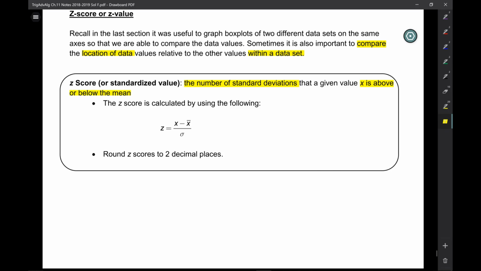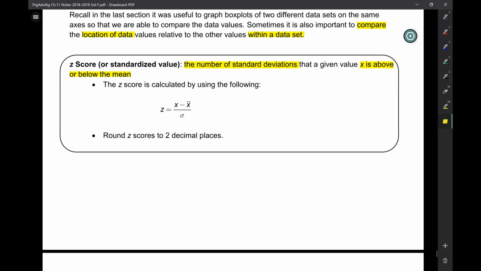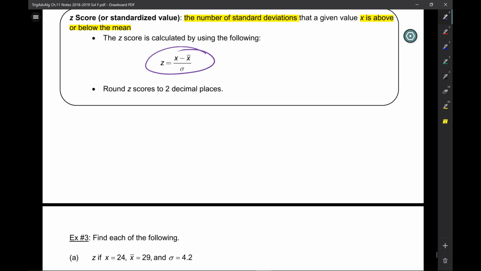All right, so now we're going backwards. Suppose I tell you this one person's height is whatever, 70. You can tell me how many standard deviations away from the mean it is. So here's how you calculate z-score. X minus x bar over sigma, and then it's necessary to round to 2 decimal places.